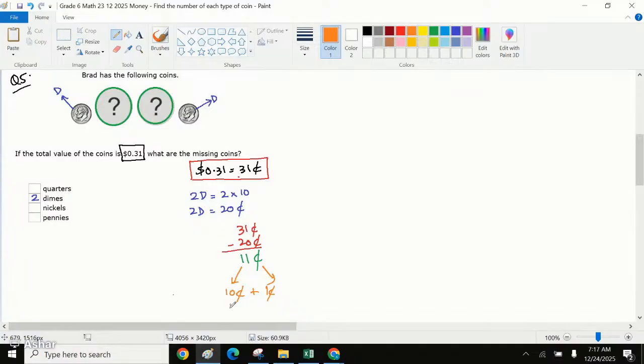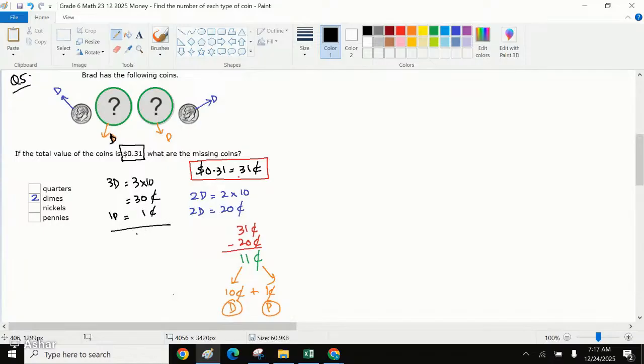So if 10 cent was a dime and this was a penny, so can we say this is again a dime? And can we say this is a penny? So if we add them together, how many dimes we have now? We have 3 dimes. That means 3 into 10, that is 30 cents. And 1 penny was 1 cent.